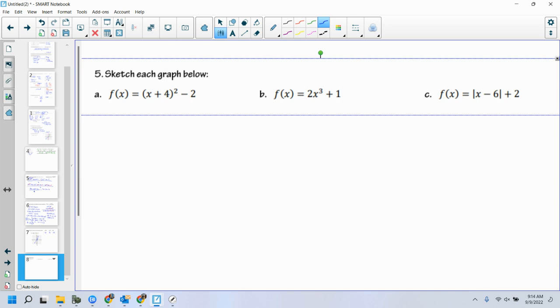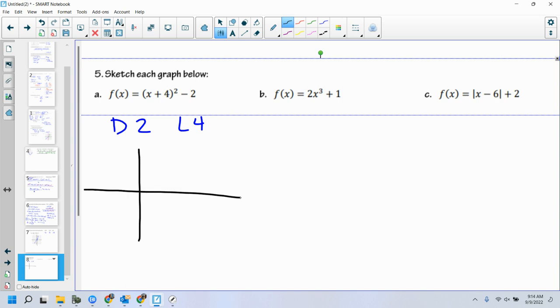Yeah. All right, what are my transformations here? Down 2, good. Left 4. Down 2, left 4. So that means all you have to do is go down 2, left 4. Again, it's just a sketch.